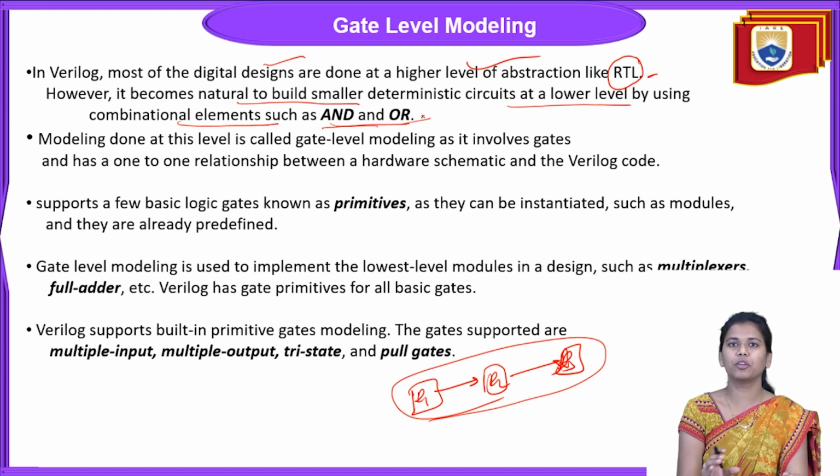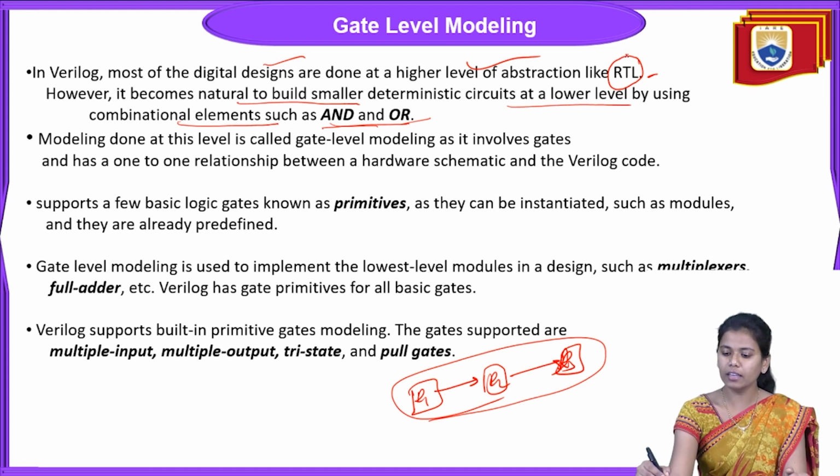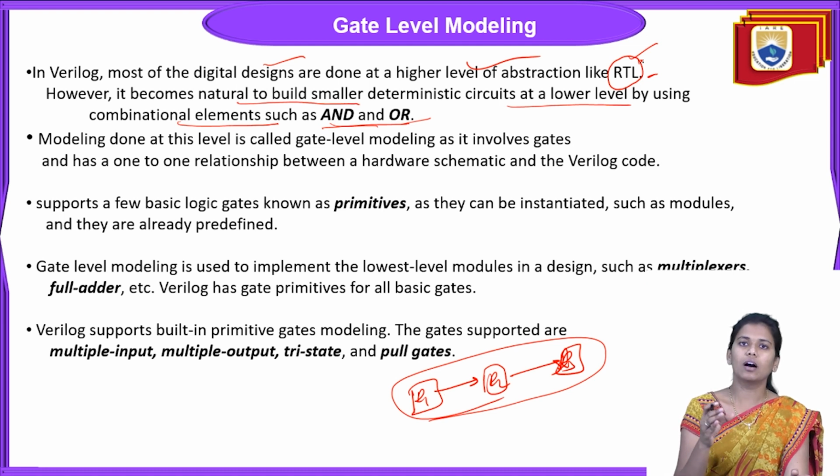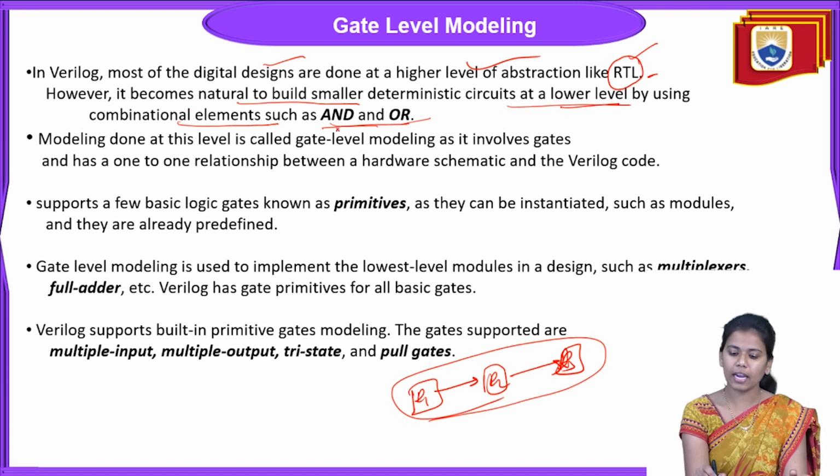Using these, we can easily construct low level abstraction circuits. But for a high level of abstraction, by using RTL, register transfer language, we achieve the maximum output. For a limited level of abstraction, combinational elements and gates are used.